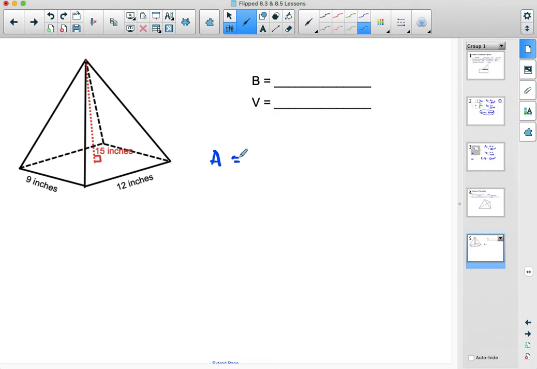Area of the base is base times height because it's a rectangle. So 9 times 12 is 108. And remember, this is area, so it's square inches. All right, so that is our big B number. I'm going to put that up here in big B, 108 square inches.